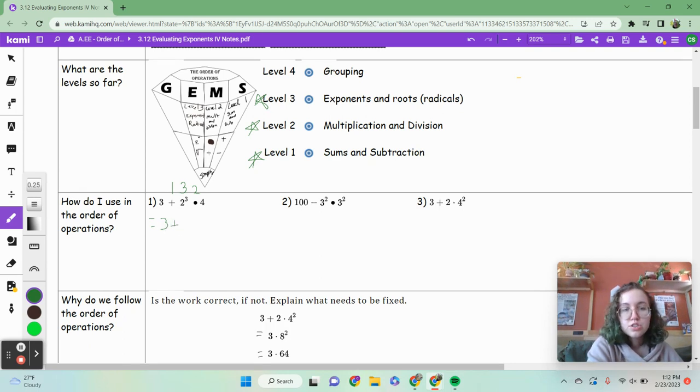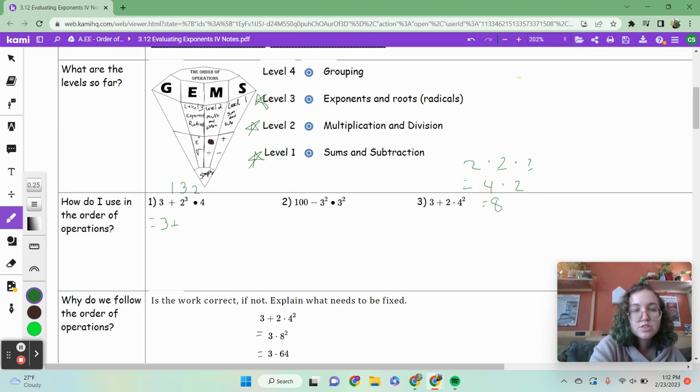3 plus 2 cubed is 2 times 2 times 2. I'll write my multiplication to show better. So that is 2 times 2, which gives me 4, times 2, which gives me 8. So our 2 cubed is 8 times 4. So we just solved the level 3 problem.